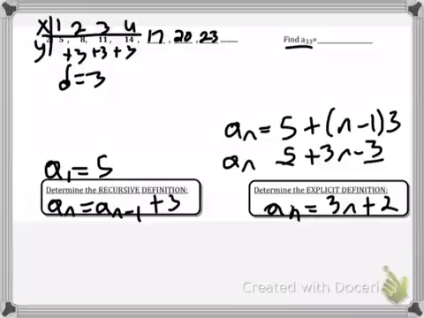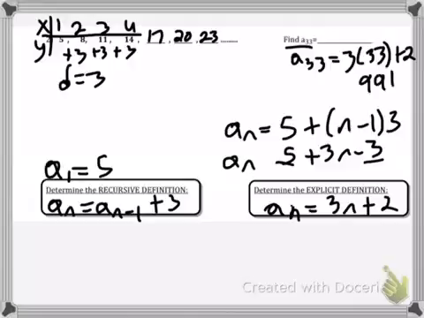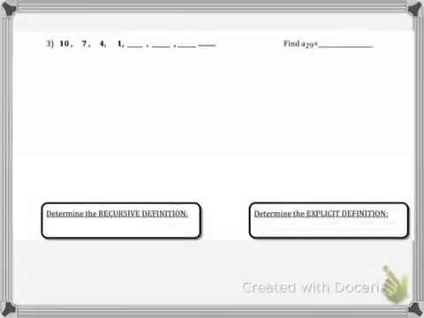So that's our explicit form. Come up here, find the 33rd term. So we got a sub 33, because that's the term we're looking for, equals 3 times 33 plus 2. Alright, and 3 times 33 is going to be 99 plus 2, 101. Alright, next problem.